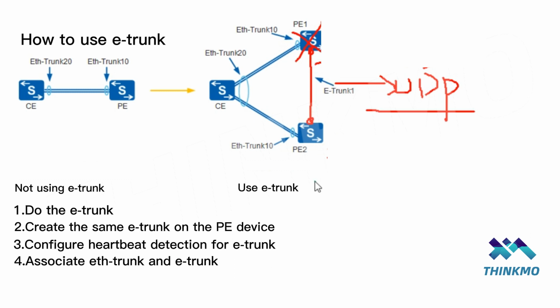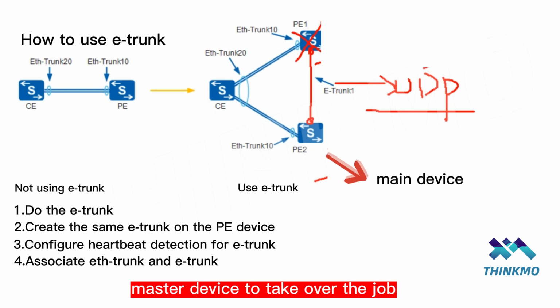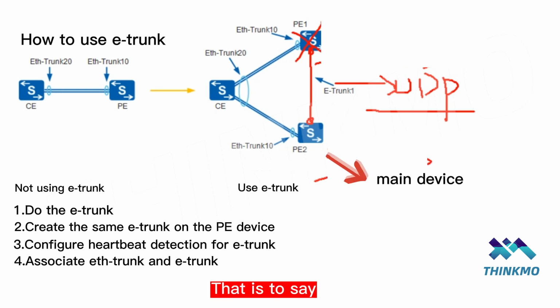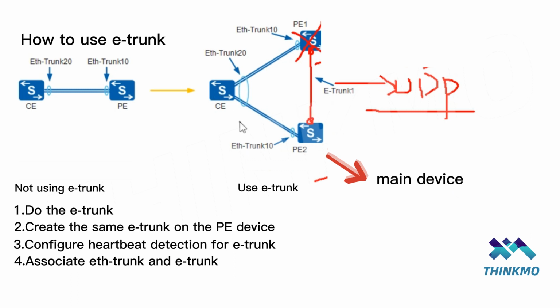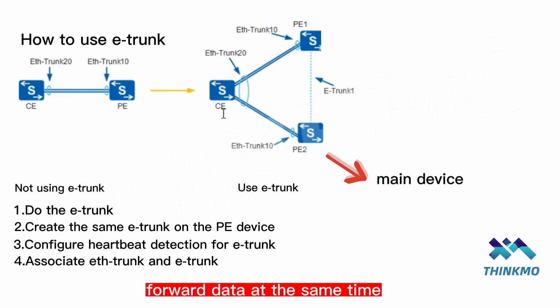At this time, P2 is converted to the master device to take over the job. That is to say, for the CE equipment, it can only send data in one direction. The two devices cannot forward data at the same time.